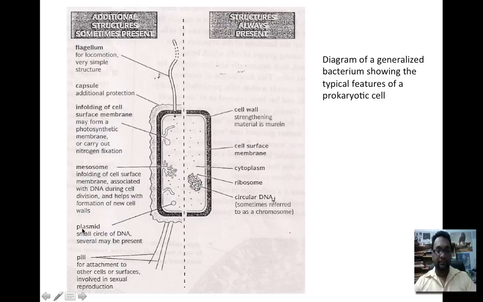And if you go ahead, you would see that plasmids play a big role in resistance and so on. Mesosome is an enfolding of cell surface membrane associated with DNA during cell division and helps with formation of new cell walls. Then there is a capsule for additional protection and a flagellum for mobility.